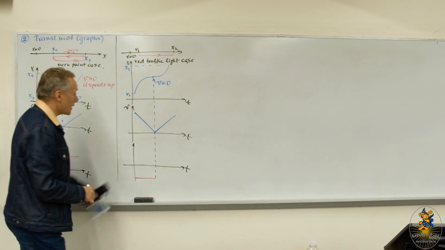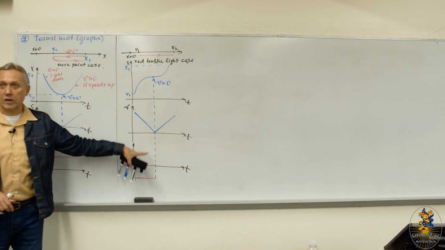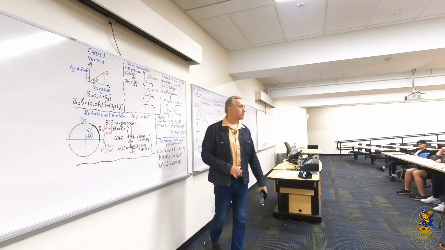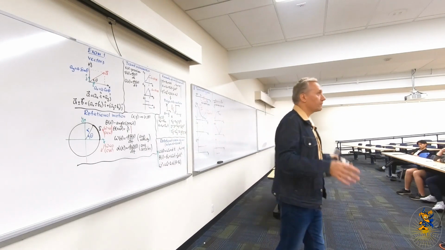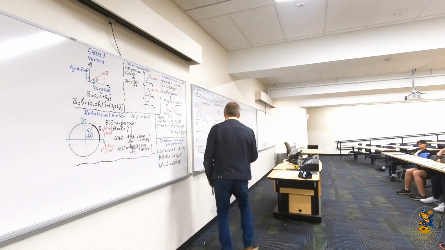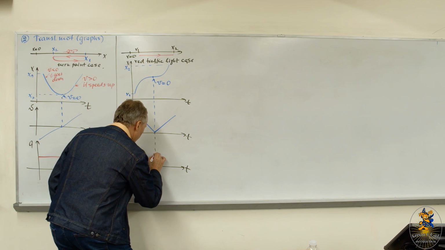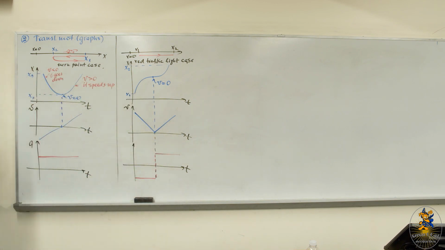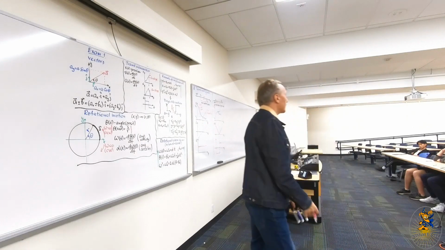Right? So then over here, acceleration jumps from negative to positive, because now slope is positive, velocity is positive. Right? So now acceleration jumps and stays constant. Okay, that's how you should read and analyze.